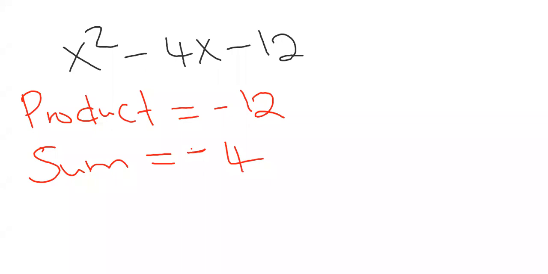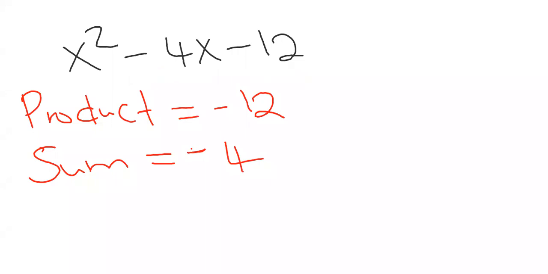But I'll just remind you in case you forgot. We said, if you have a minus sign in front of a number, automatically it makes that number a negative number. Like in this case, we have minus 12, so it means our number is negative 12. We have minus 4x there, so it means our number is negative 4.